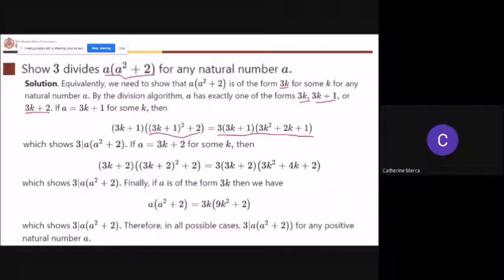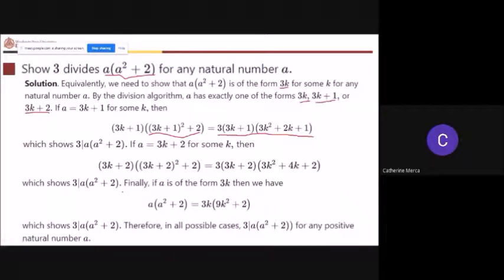If on the other hand, a is equal to 3k plus 2, kunyari, for some k, then again you replace a by 3k plus 2, then you have a squared by 3k plus 2, and you come up again with this quantity. Again, 3 divides a squared plus 2.